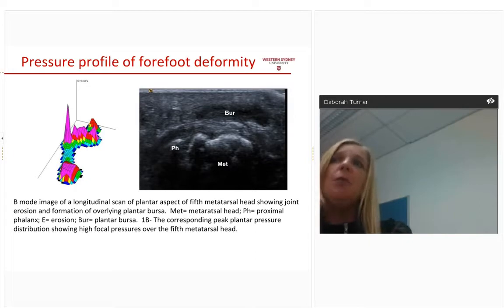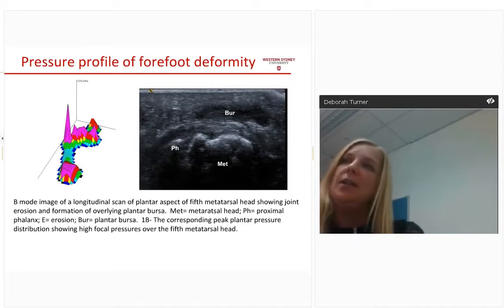What we can see in this slide is a patient with a high focal pressure area under the 5th metatarsal head, although clinically not really looking subluxed, and certainly without an overlying callus.